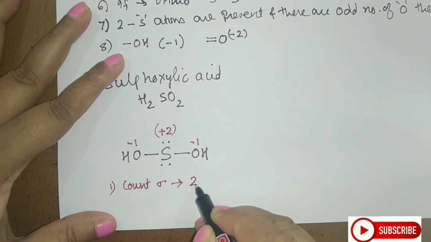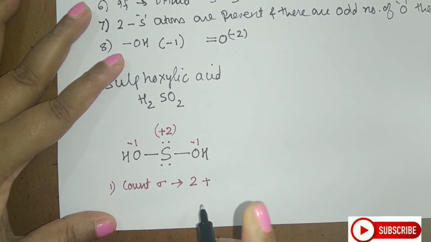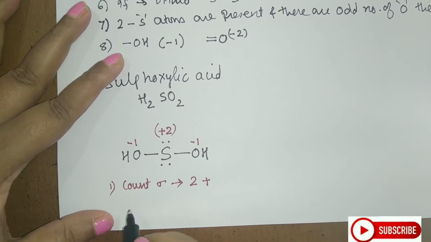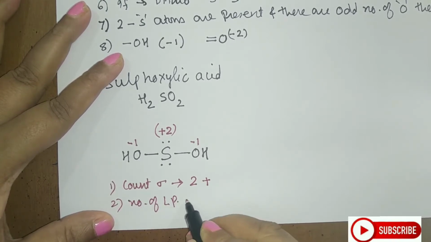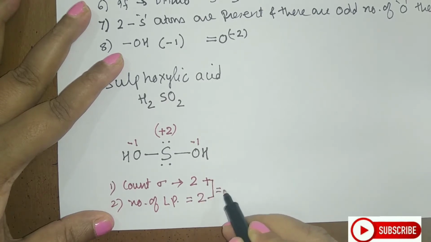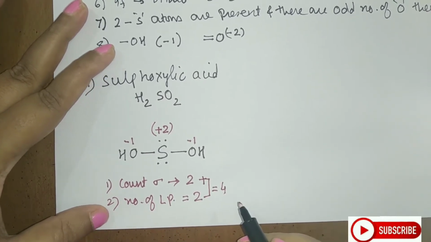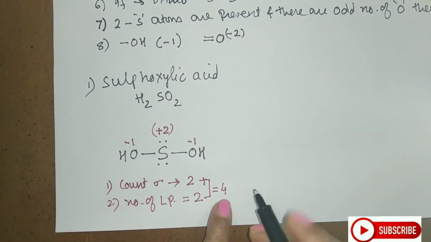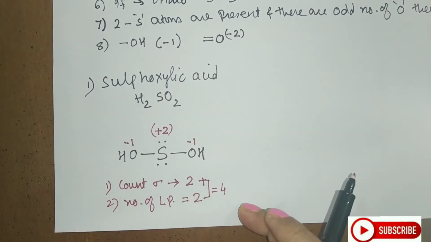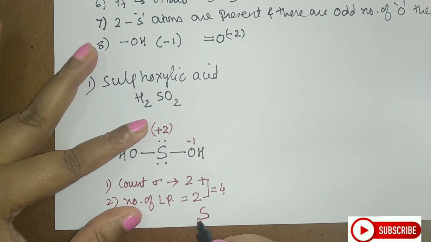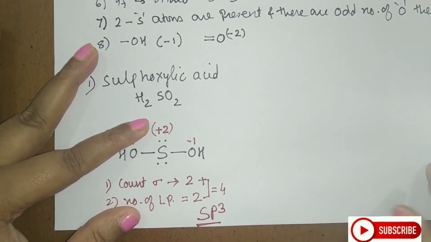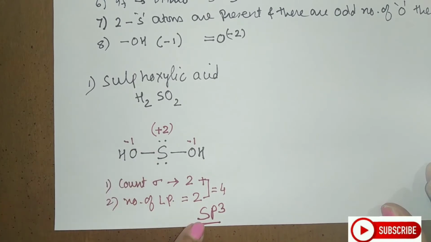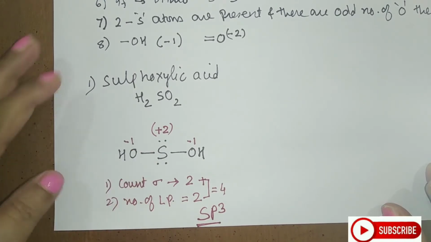So, it will be 2 plus the number of lone pairs of electrons, that is also 2. So, 2 plus 2 comes out to 4. Now, you know that if the number comes out to 4, S has 1 orientation. So, I will write here S, remaining 3 will go for P. So, the hybridization that sulfur will exhibit here is sp3 hybridization.